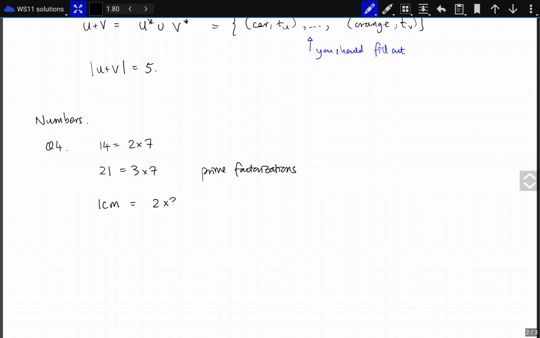And see, we need 2 times 3 times 7. So that's equal to 42. And the greatest common factor, that's the biggest number which is a factor of both of them. So this time it's 7, and that's it. Remember that the product of these two numbers is actually the same thing as the product of the least common multiple and the greatest common factor.